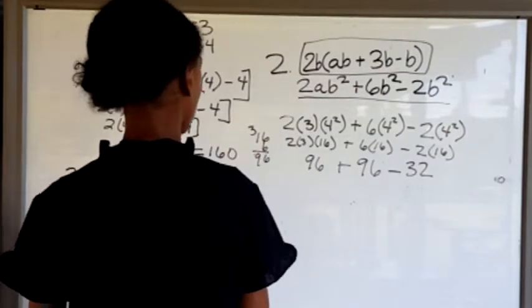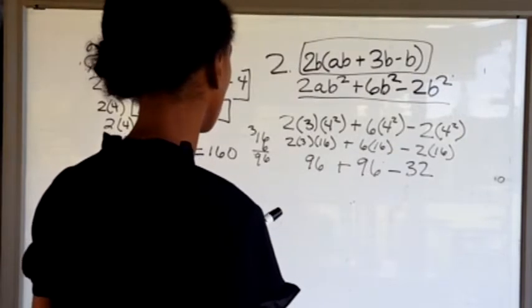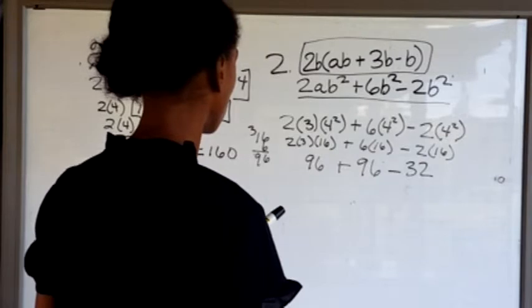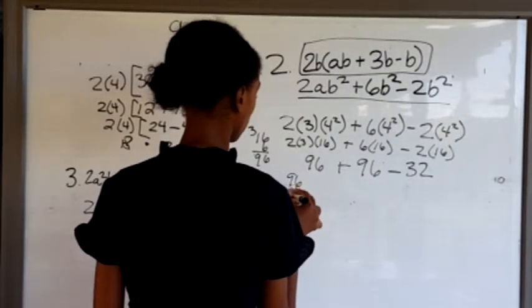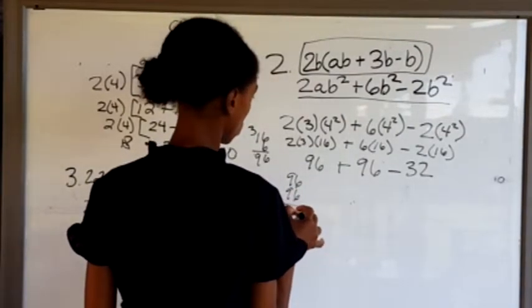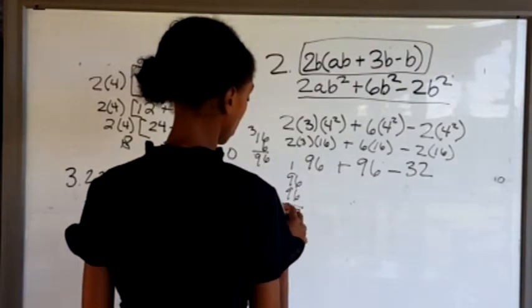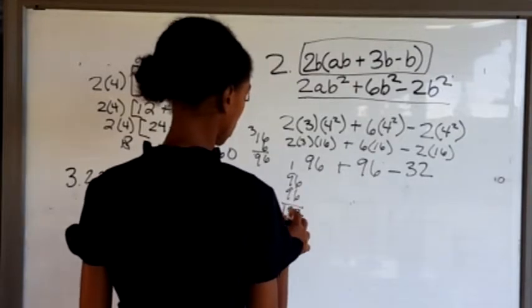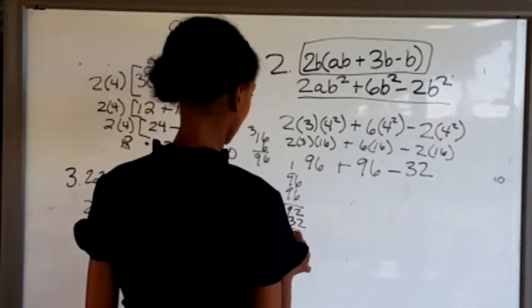When I first did it, I got the same answer both times. 96, 6 and 6 is 12, and then it's 19, and then minus 30.